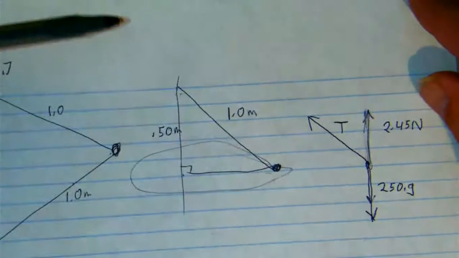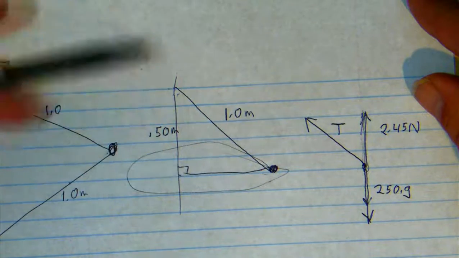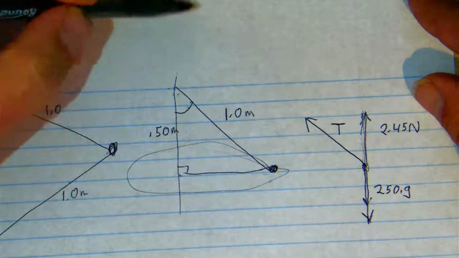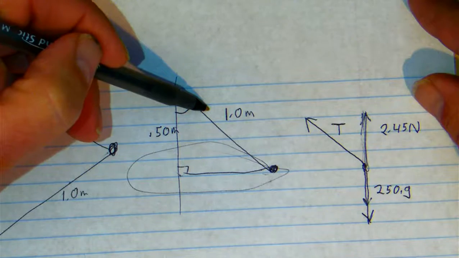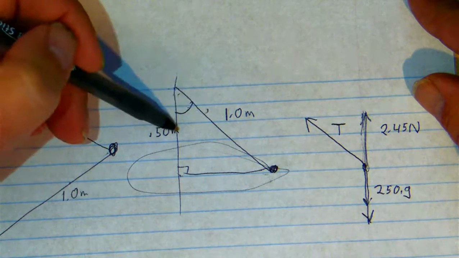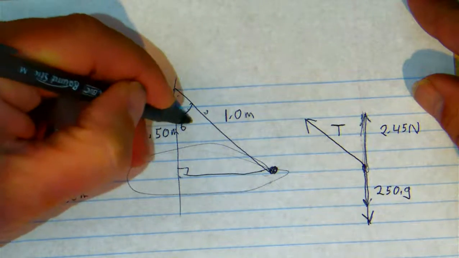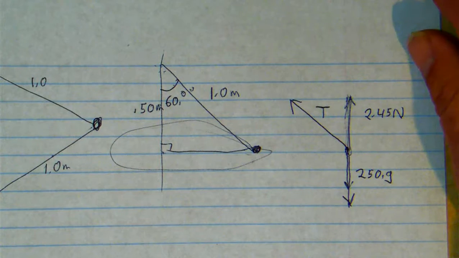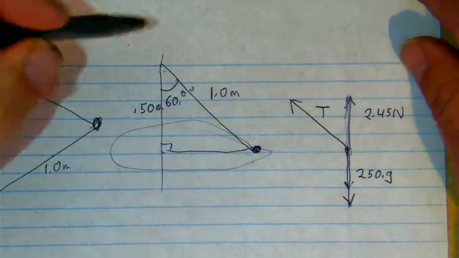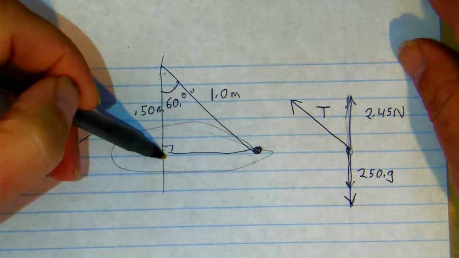The angle by geometry is established here. This angle is the inverse cosine of 1/2. The inverse cosine of 1/2 is 60 degrees. What am I after?